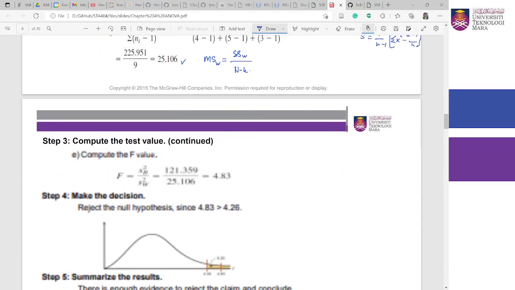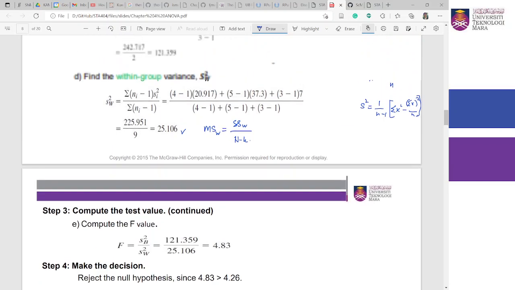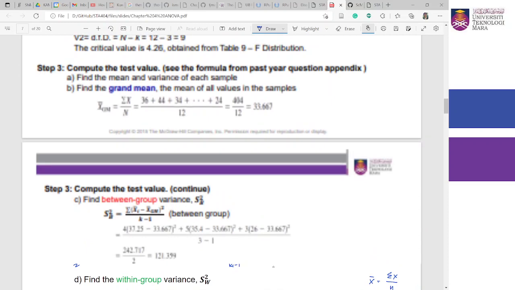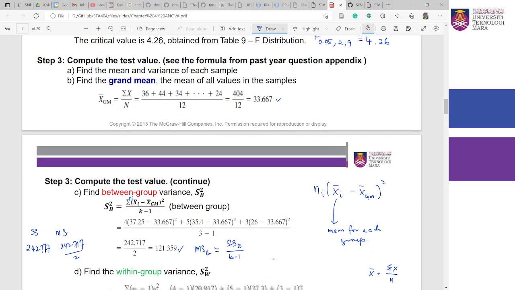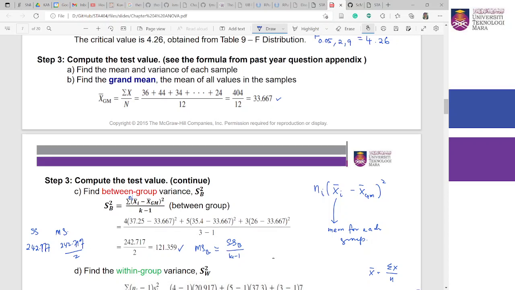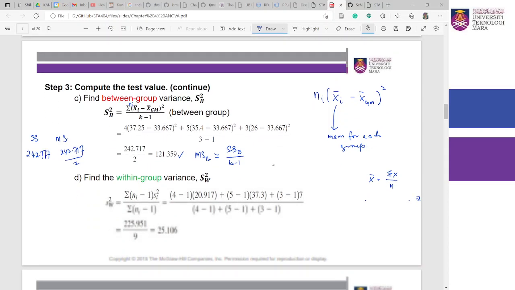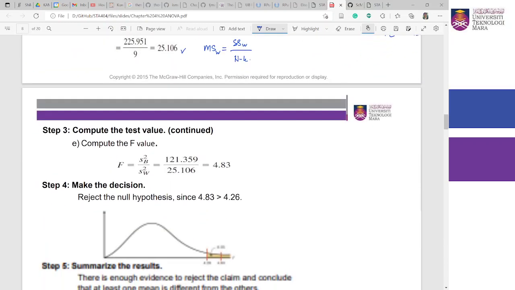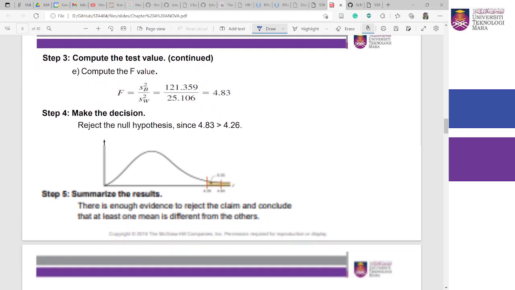Okay, so once you have calculated this value manually, the next thing is to calculate the F test. So this is the last step. So dalam calculating the F statistic, dia ada 3 step dekat sini. Kalau tengok yang ni, untuk yang kaedah ni, ada 3 step. So the first step is to calculate the grand mean. The second step is to calculate the between group and within group variance. And the third step is to calculate the F value or F statistic value.